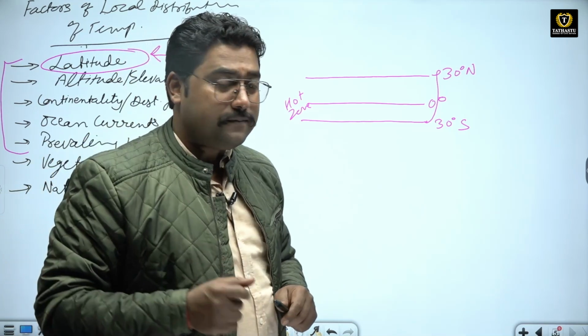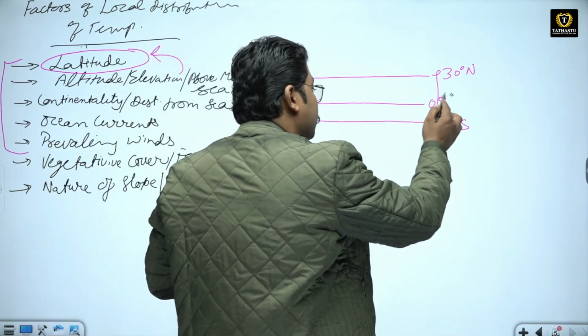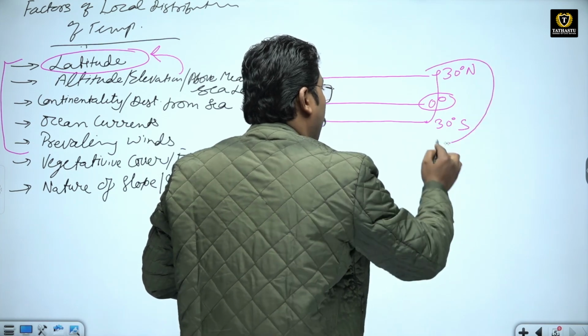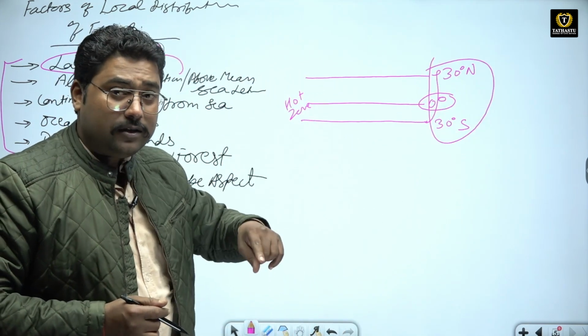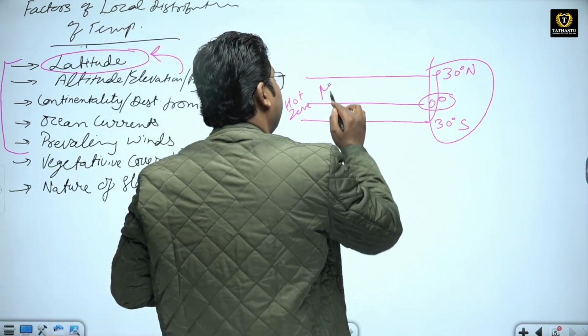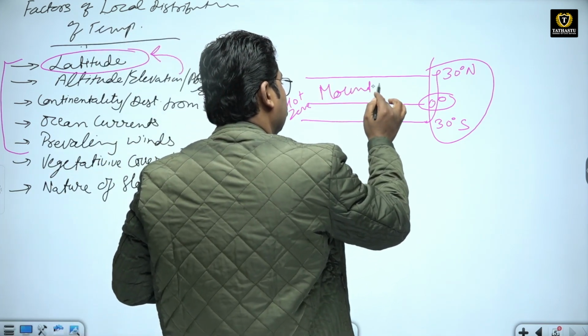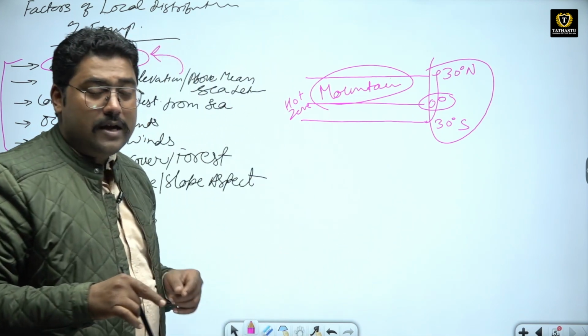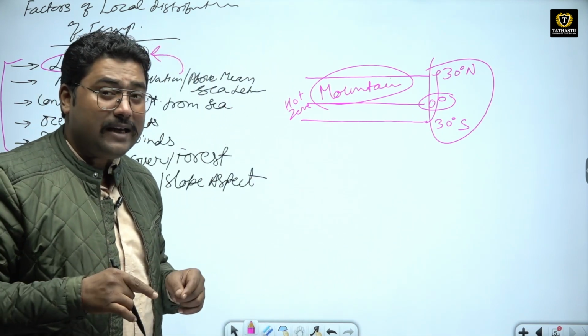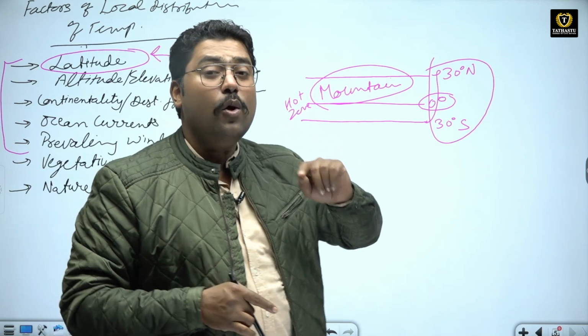This means if a place is located on the equator or in the torrid zone but on a mountain, then the temperature will not be high but rather it will be low.